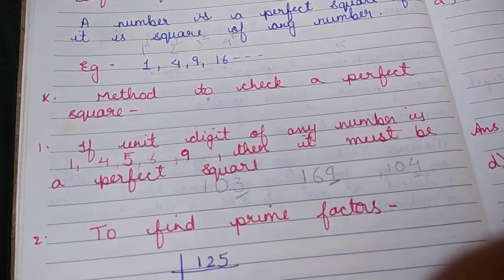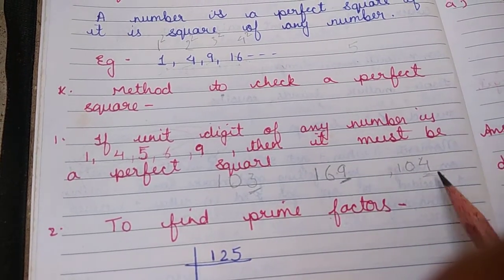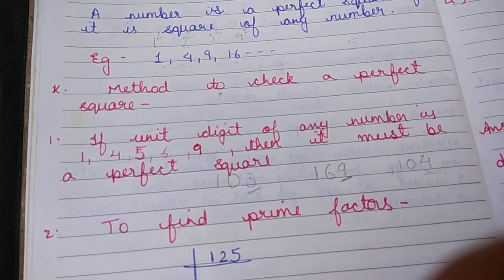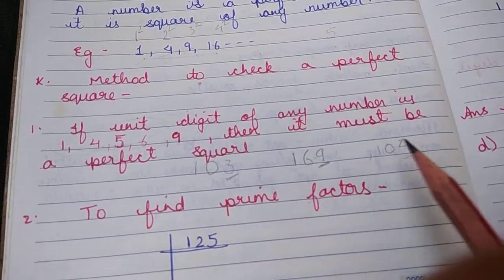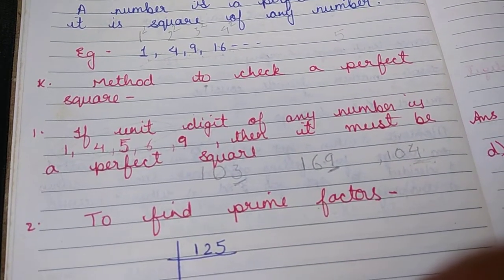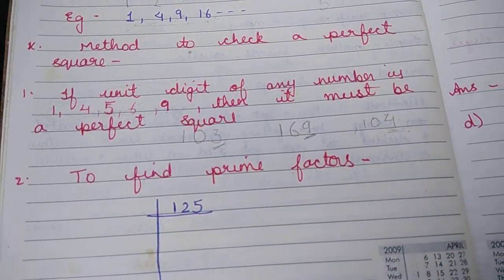So there may be a possibility that both of them, or any one of them, are perfect square numbers, or maybe none of them. But since they are ending with one of these digits, I will try to find out if it is a perfect square number or not.